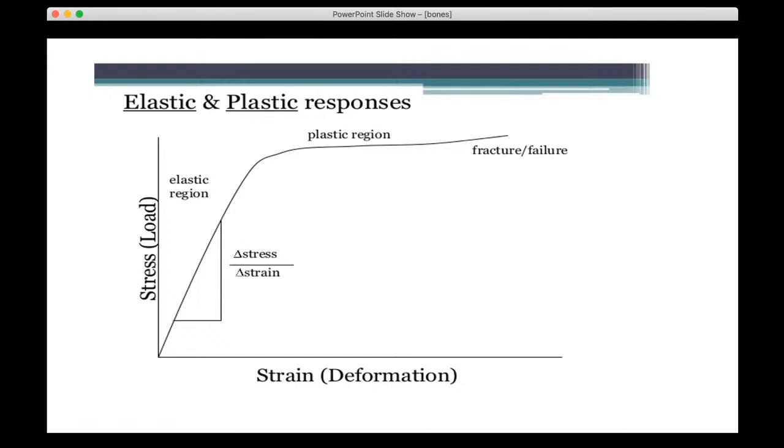It is also known as load versus deformation. It is also known as load because stress or load is force per unit area. So it is also known as force. On the x-axis we have deformation. It is also known as length. So there are multiple names for this curve. The thing is the same. I repeat, in front of you, you are seeing stress versus strain. This is the first title.